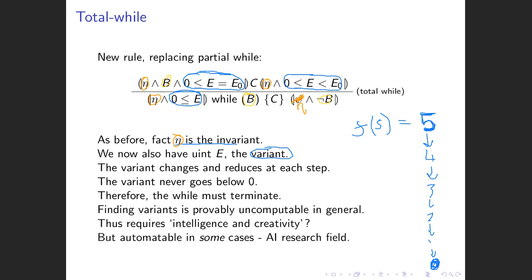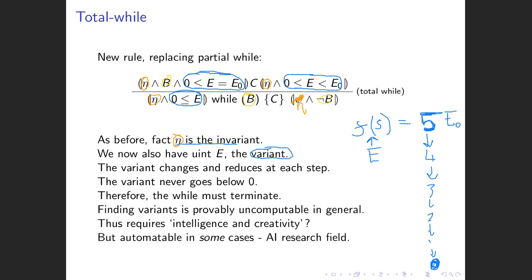So a way of expressing that is to say that there's something called E, not necessarily a variable, but there's some number that exists as a function of the state of the program. And it starts with a number, let's call this E0. It starts at some initial value. That's this statement here, okay?